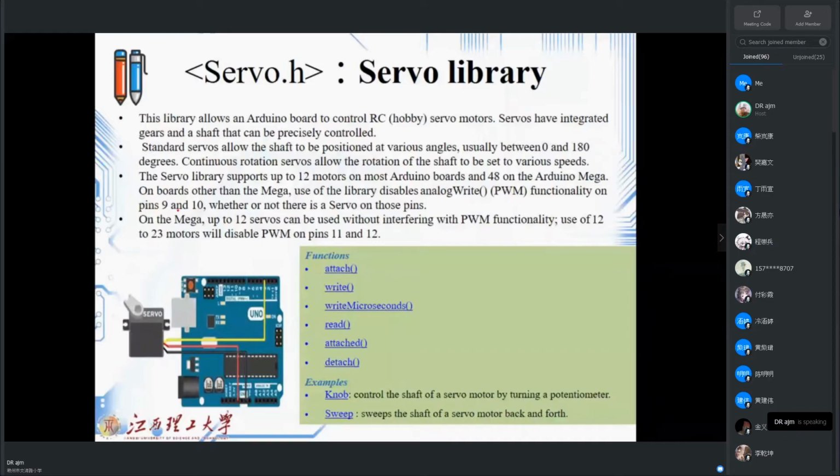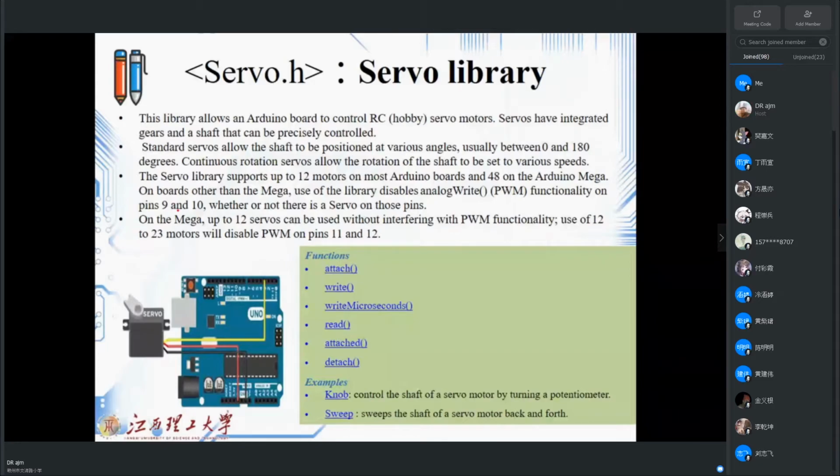This is fantastic, and one of the nice job that they have done inside this library. Suppose if we use other boards like Mega and Due, you have lots of options to use the servo motor. On Mega, up to 12 servo motor can be used, and 12 to 23 motors by generating the PWM.